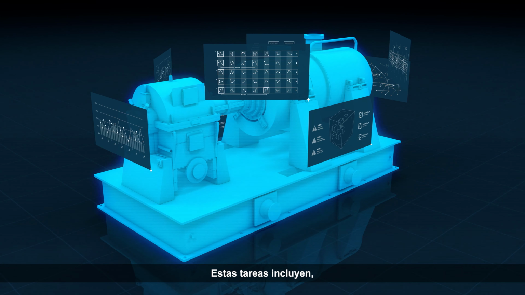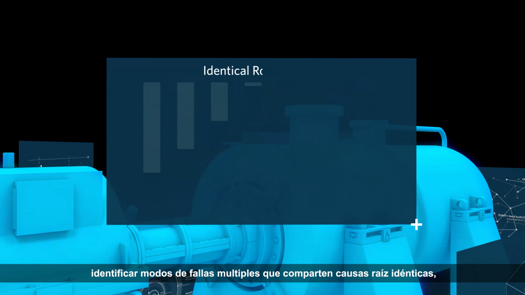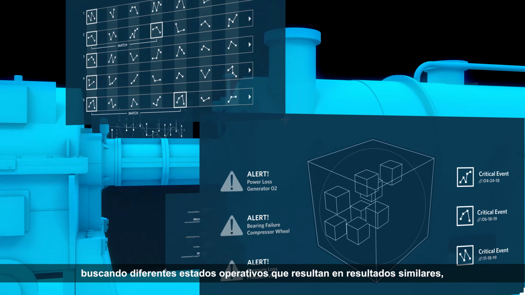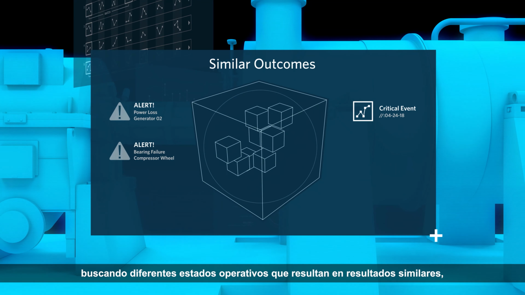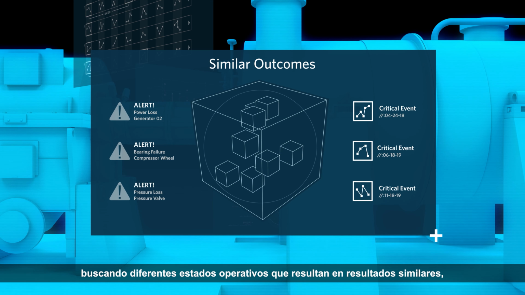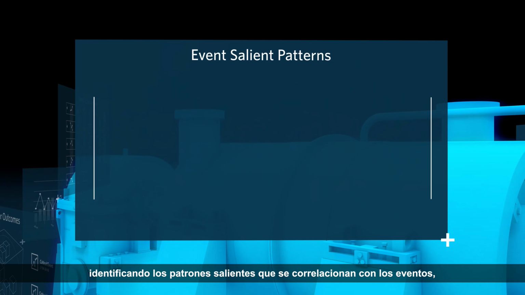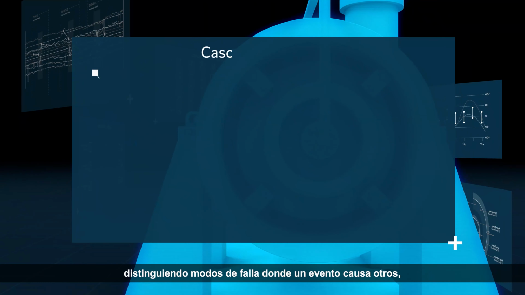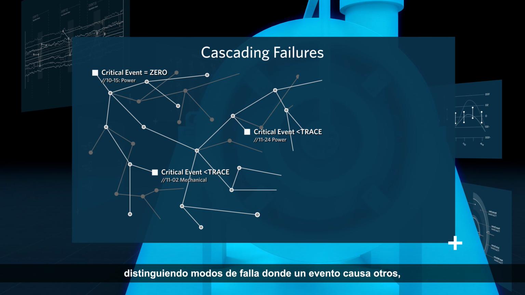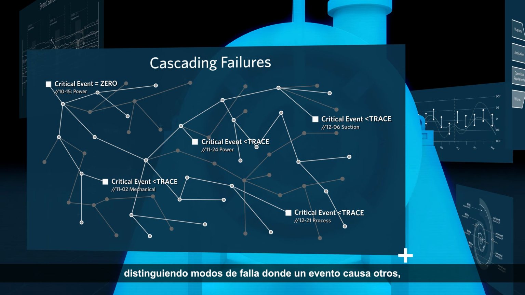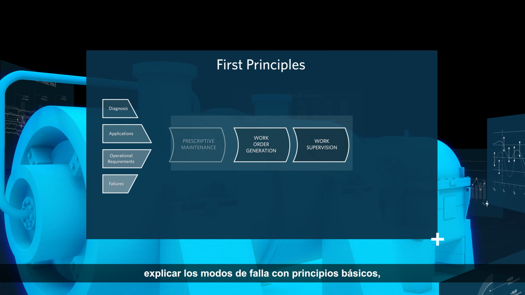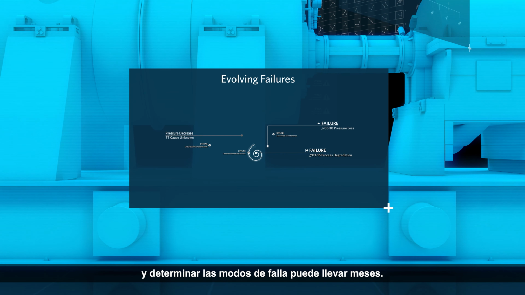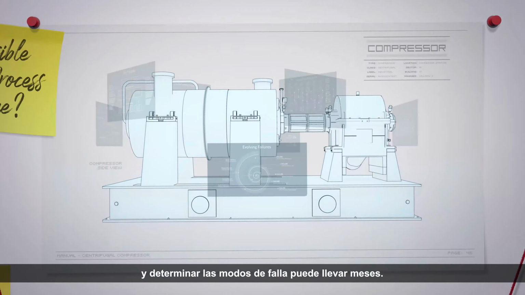These tasks include identifying multiple failure modes that share identical root causes, searching for different operating states that result in similar outcomes, identifying the salient patterns that correlate with events, distinguishing cascading failure modes where one event causes others, explaining failure modes with first principles, and determining failure modes that may take months to evolve.